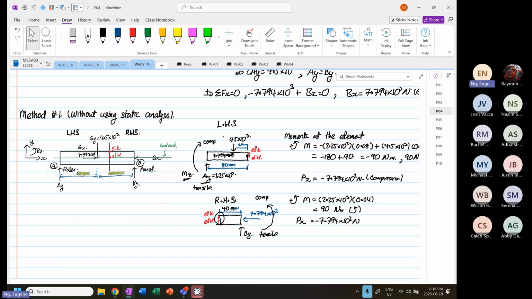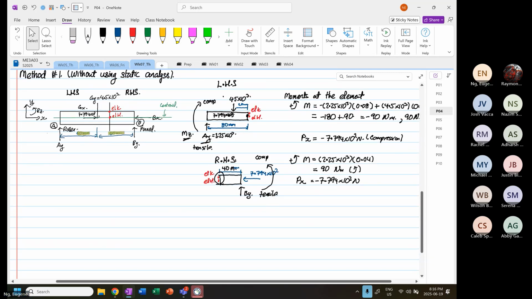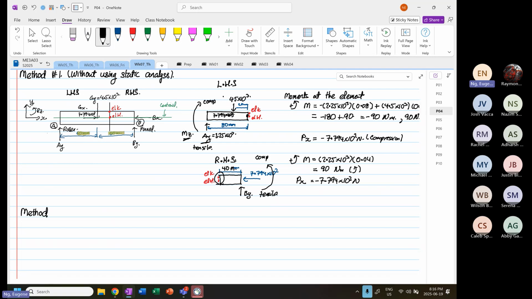Now, method number 2 is using static analysis. What we are doing is basically calculating the reaction. So now let's look at method number 2. Either method you use, you decide which one you're more comfortable with. But for method number 2, you must know what direction is a positive shear and what direction is a positive bending moment, which I will show you now.